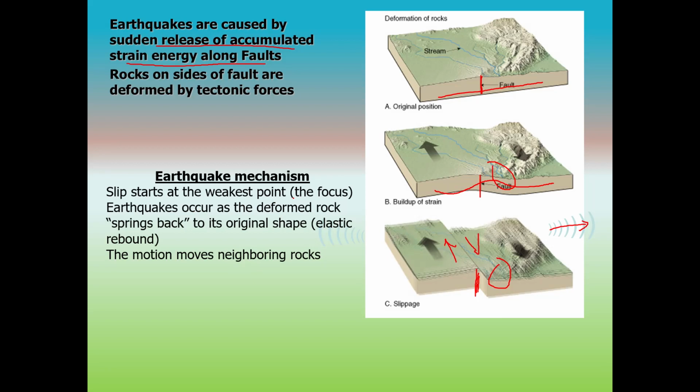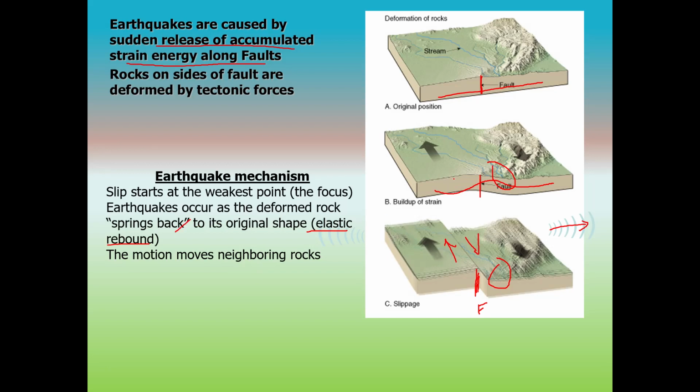And then below it is the focus. And an earthquake occurs as the deformed rock springs back to its original shape. That is elastic rebound. When there is shaking, the rock strata want to achieve their original position, so they spring back.